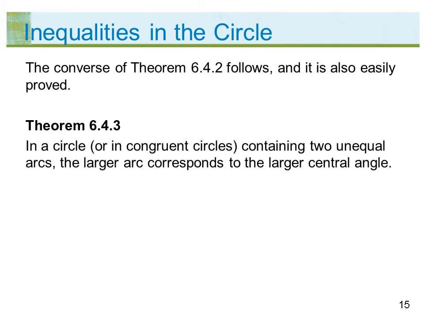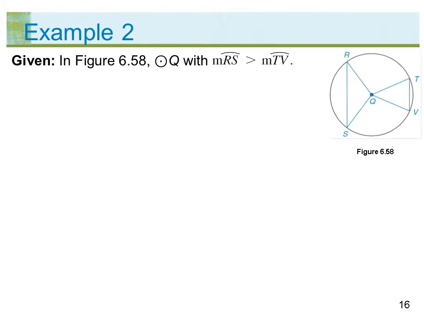Theorem 6.4.3. In a circle, or in congruent circles, containing two unequal arcs, the larger arc corresponds to the larger central angle. Given, in Figure 6.58, circle Q with the measure of arc RS greater than the measure of arc TV.